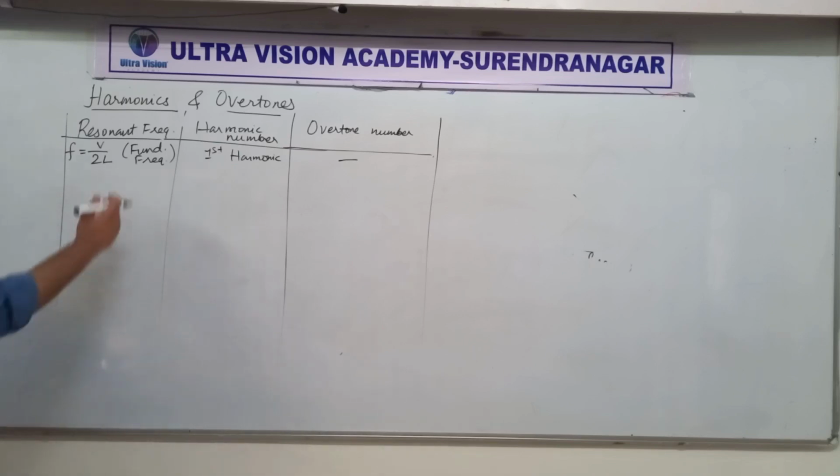Let's go to the second resonant frequency. The second resonant frequency is F equal to 2V by 2L, based on our list. Again, I could cancel 2, but I am not cancelling 2. There is no need for me to do that. This makes a very nice pattern.